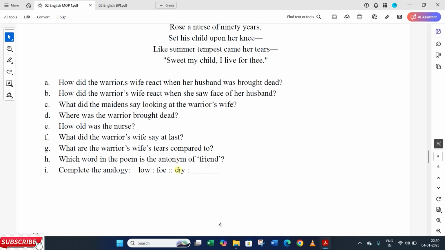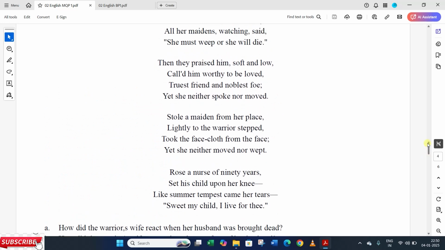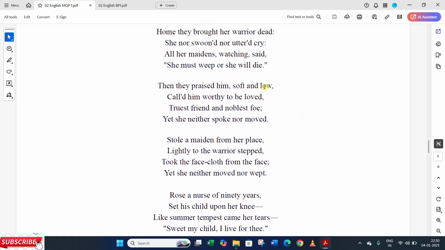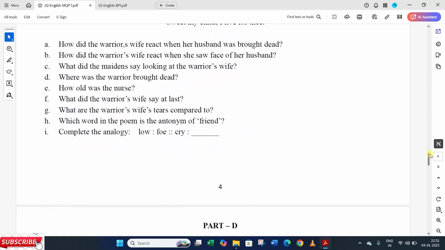Cry, what is it? You can find here low, foe, cry. Now what will come for the cry? You see low, foe, low, foe. In the same way, what will come here? Cry, die. So when you are completing the analogy, here it will be cry, die. You have to remember this while answering the questions.